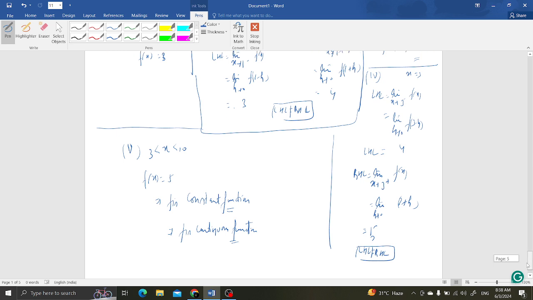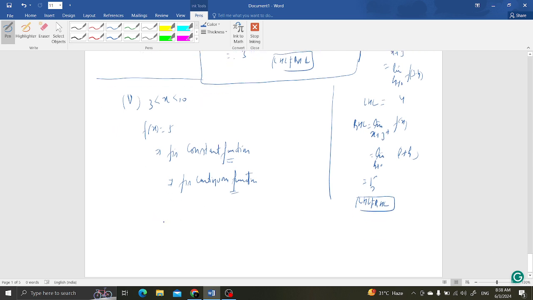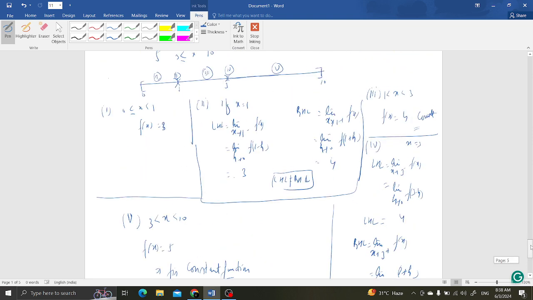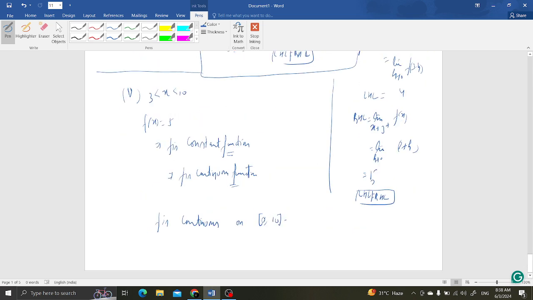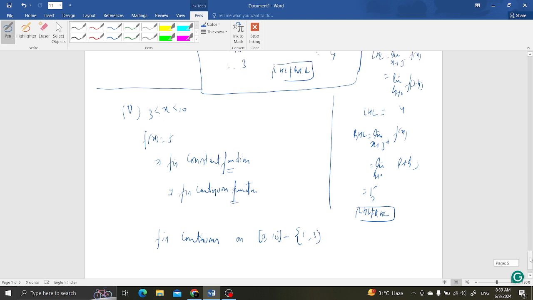So from all the above cases, we can observe that f is continuous on closed 0 to 10, minus 2 elements, 1 and 3, where it is discontinuous.